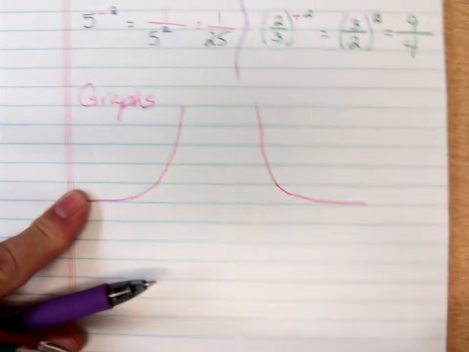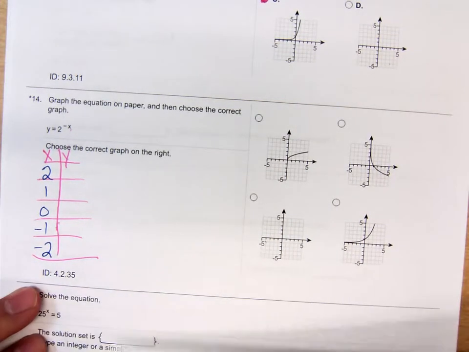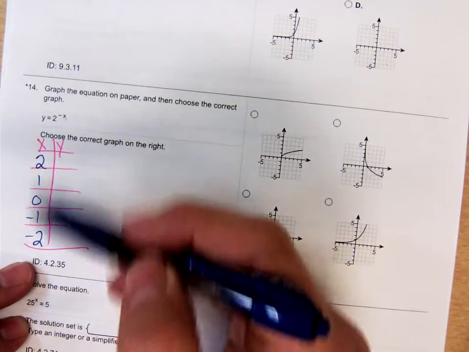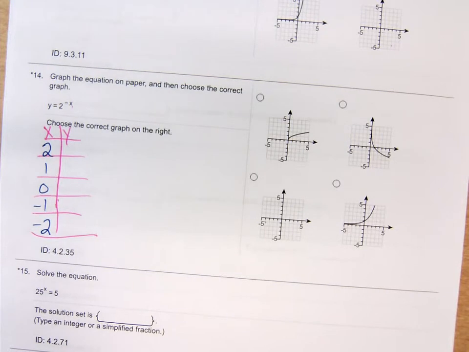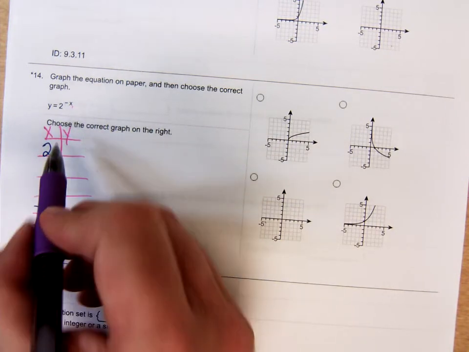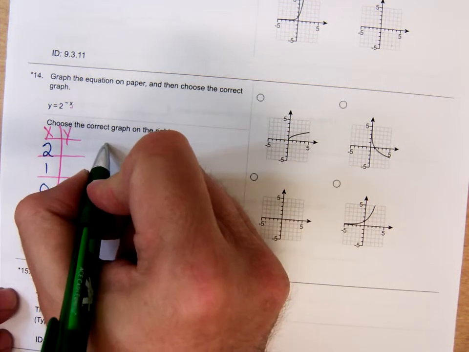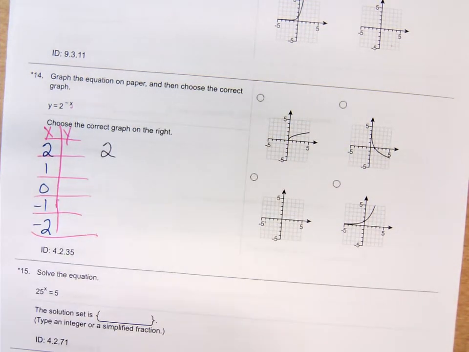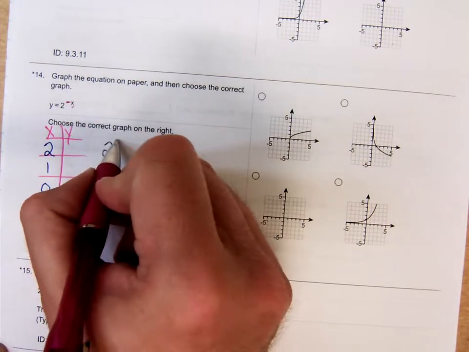But if you decide you need more points, then go 3 to -3 if you want. I think I'm just going to stick with 2 to -2. Now be careful, because there's a negative right there. Do y'all see that? So when I plug in +2 for x, I would have 2 raised to the -2 power.